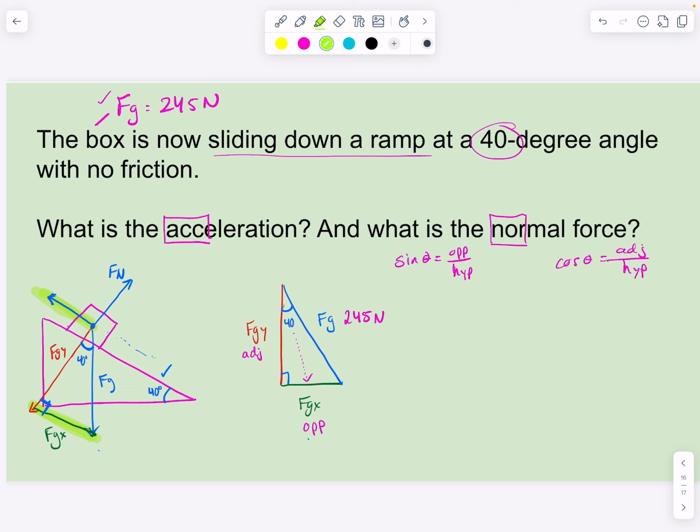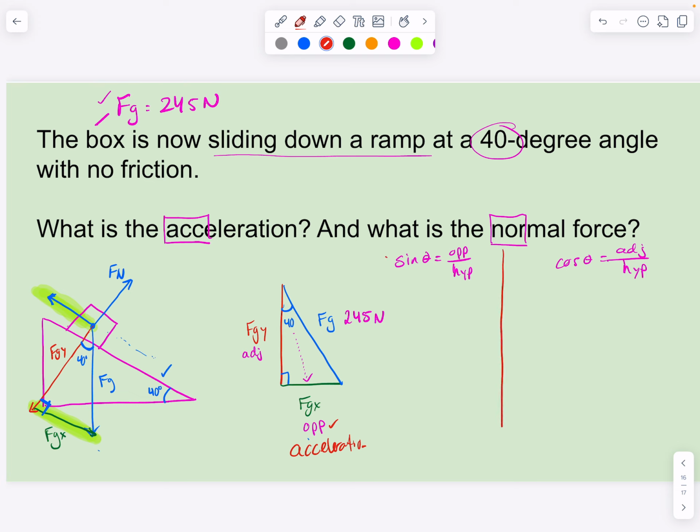So because there's no friction here, and that's a zero value, my FGX becomes my acceleration rate. So the FGX is actually my acceleration value, and it is going to be found by finding the FGX, or my opposite.